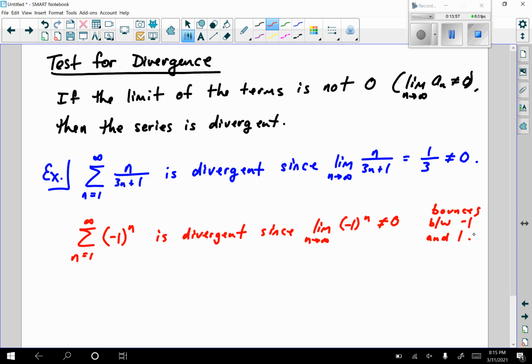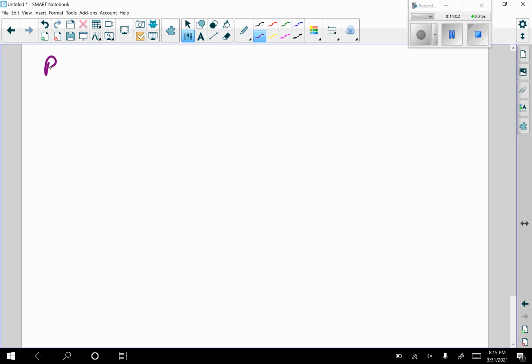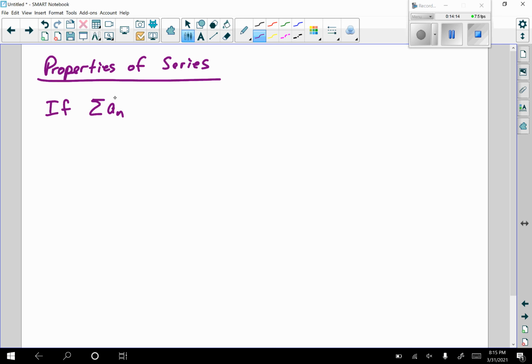All right, and then to wrap up this section, we're just going to take a look at some properties of series. So if we have the series of the summation of a sub n and the summation of b sub n, so if these two series are convergent, then so are the following.